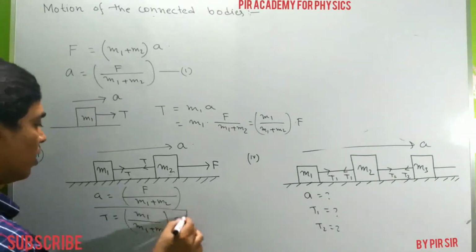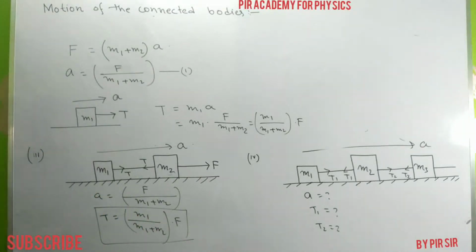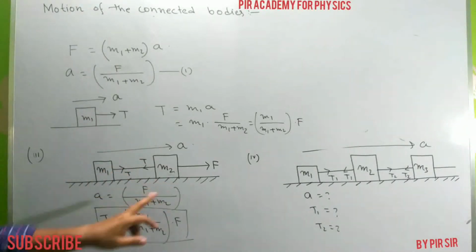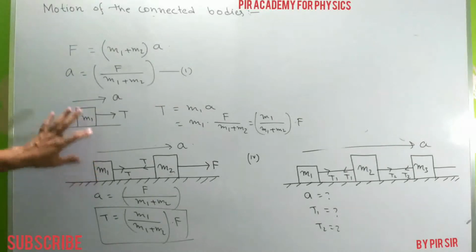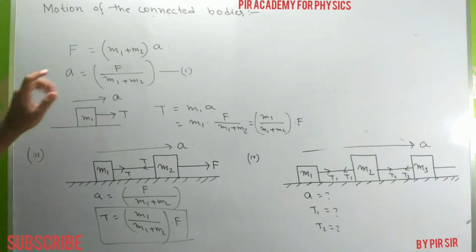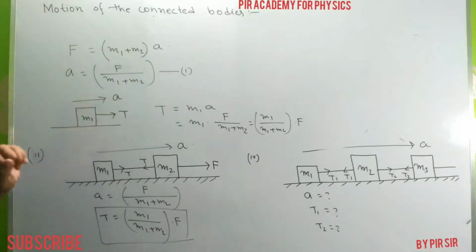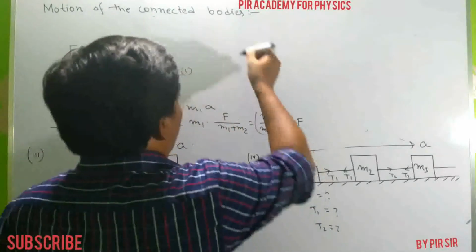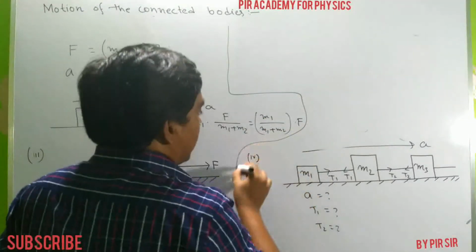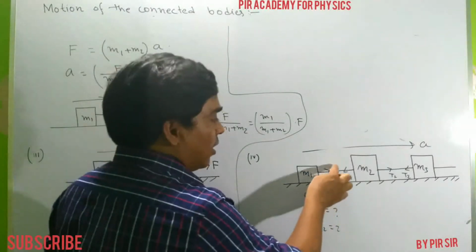This is the tension of the wire and the acceleration of the system. You can easily calculate this using the equation total force equals mass into acceleration. Here also you can easily calculate the acceleration of the system and the tension of this string.